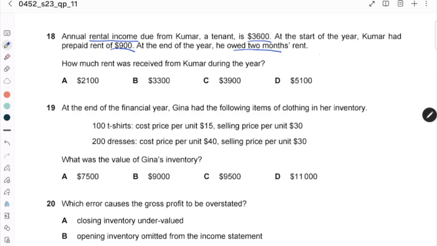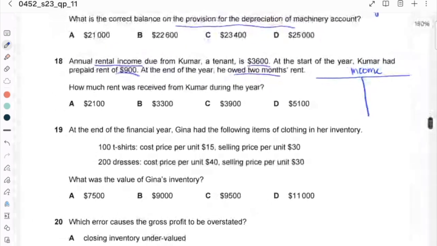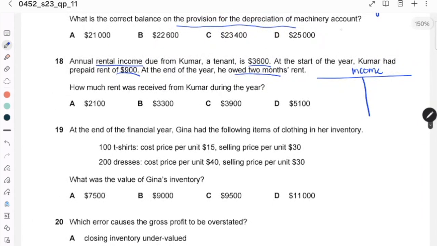Remember, this is income. For income you have to do the PAPA law. Income has two items, prepaid and accrued. Balance BD for income is on the credit side for prepaid, and accrued is the other way around.